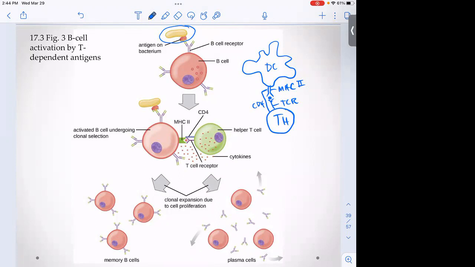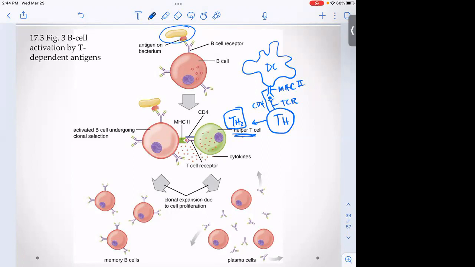Okay, and now that it's got that T cell receptor that recognizes the antigen, that T helper cell will self-stimulate, or maybe some cytokines secreted by the dendritic cell help as well. It will differentiate into T helper 2 cells. So this helper T cell has actually already been activated.